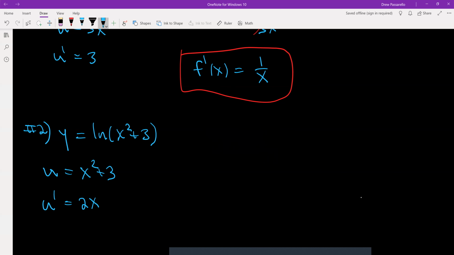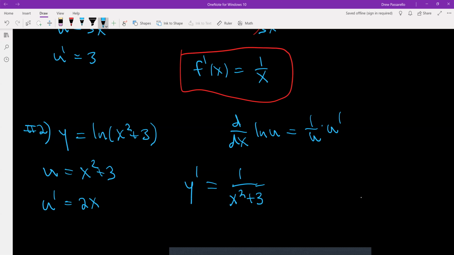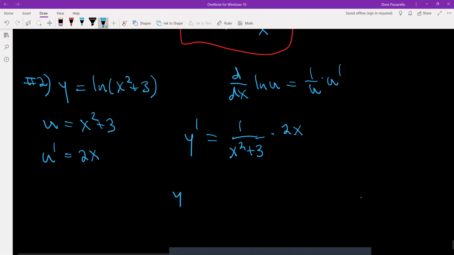So we know the general rule, the derivative of natural log of u is 1 over u times u prime. So for this case, y prime is equal to 1 over x squared plus 3, and then times u prime, which is 2x. So our answer, y prime, is 2x over x squared plus 3.